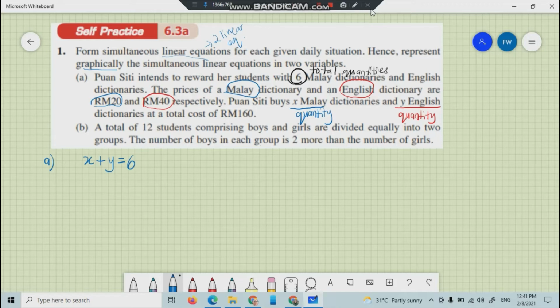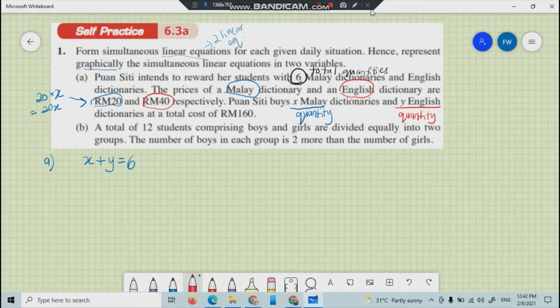And our second linear equation involves our prices. RM20 for Malay, so we need to multiply 20 by x, where x is the quantity of Malay dictionaries, so we have 20x as the total price for Malay dictionaries.